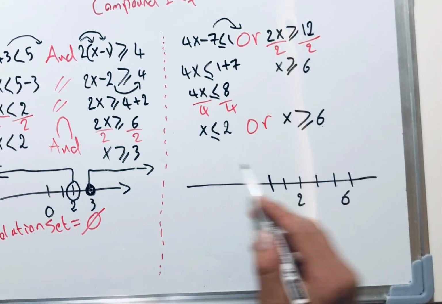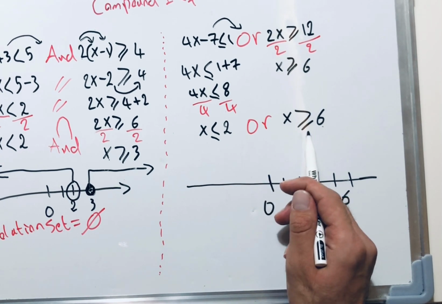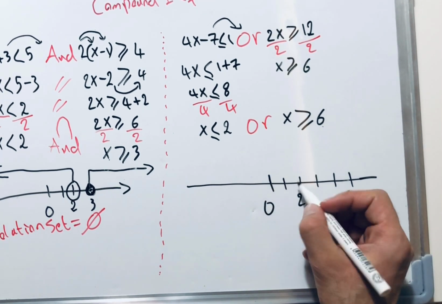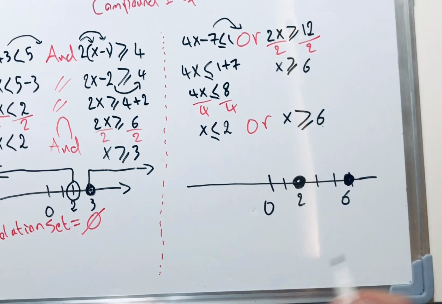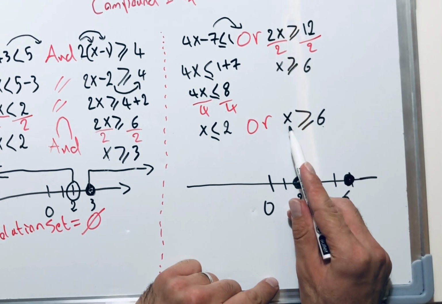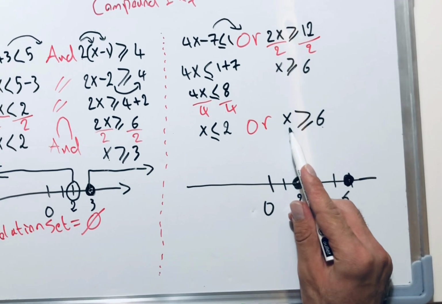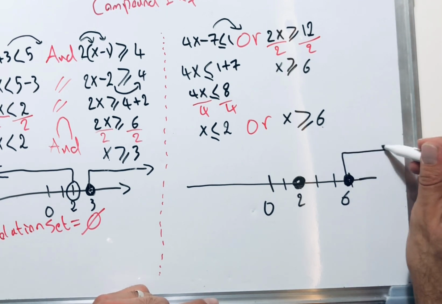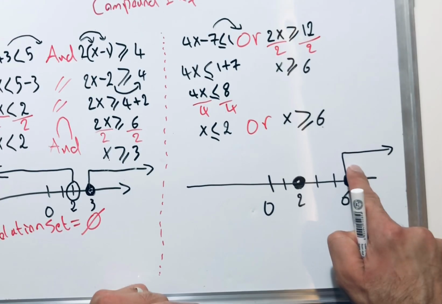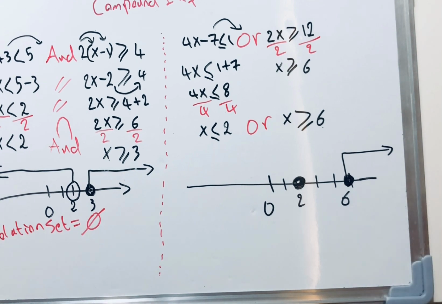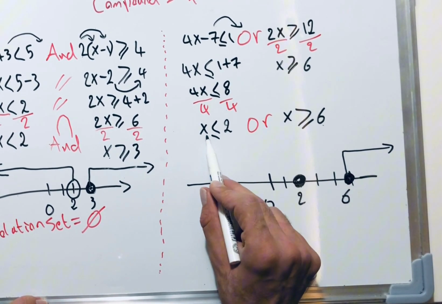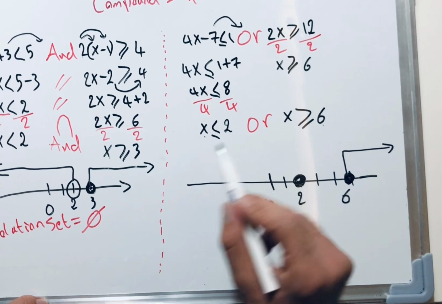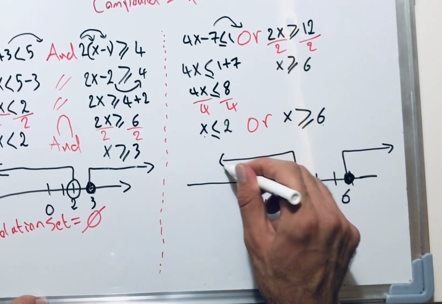Both have this equal sign, so we're going to be filling both like this. So this is 2, that's 6. Now this one says any value that is greater than or equal to 6. Okay, so like this, right? So the arrow goes to the right side. Also this one says x is smaller than or equal to 2, so this one goes to the left side.